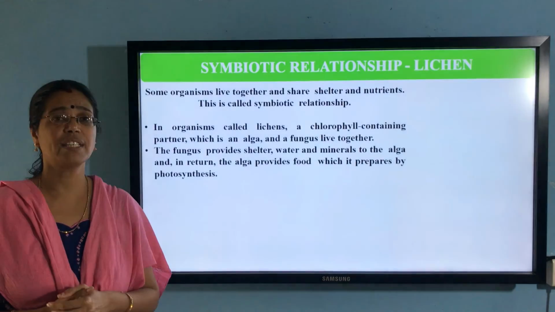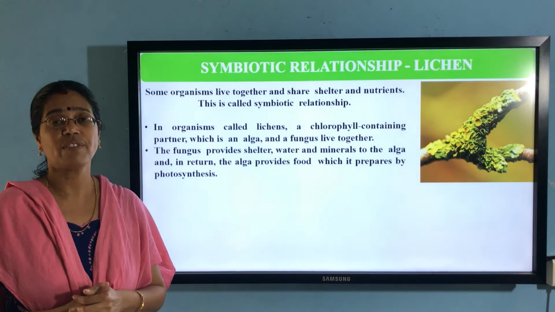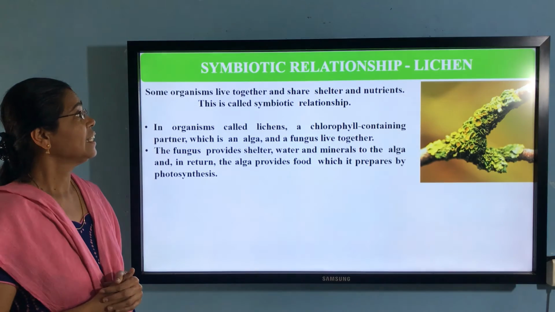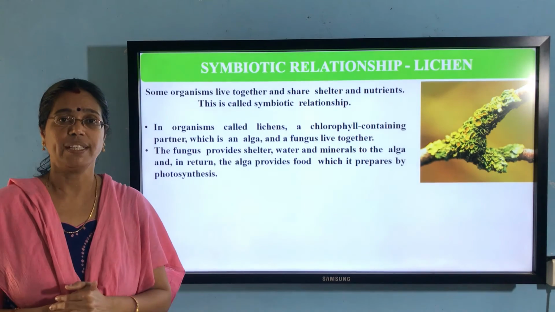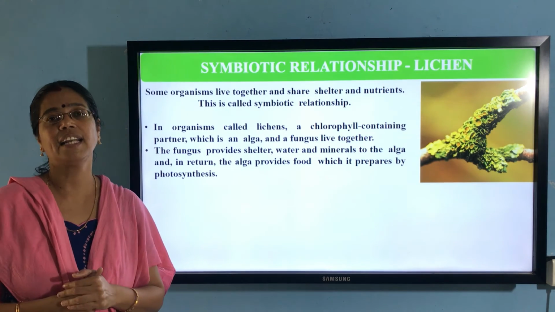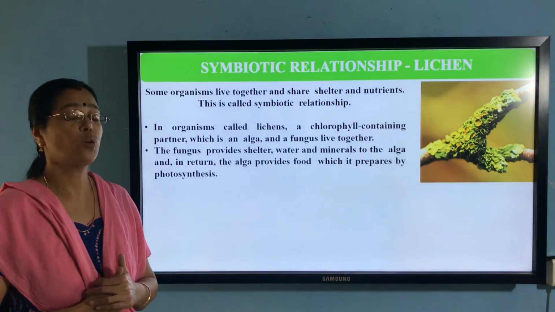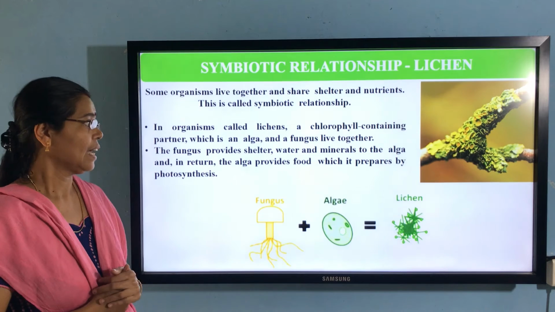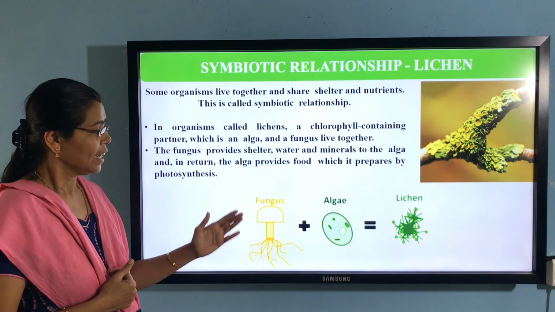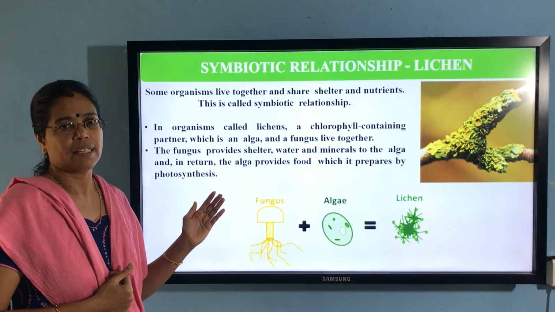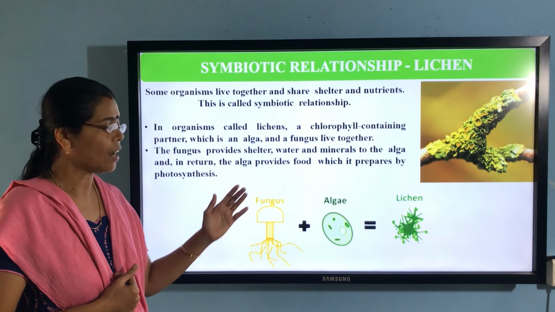The fourth type of this heterotrophic mode of nutrition is symbiotic relationship. Here, two organisms live together and share their shelter and nutrients. Here is the organism called lichen, a chlorophyll containing partner, and a fungus. Here, fungi provide shelter, nutrients and minerals, that is minerals and water, to the algae.